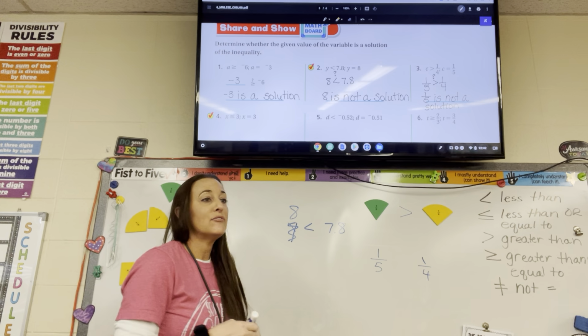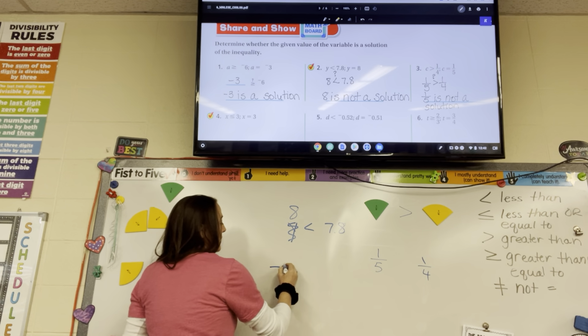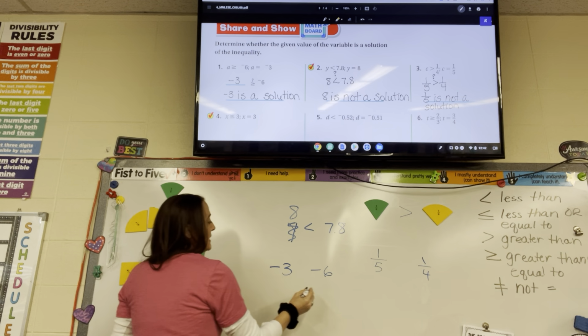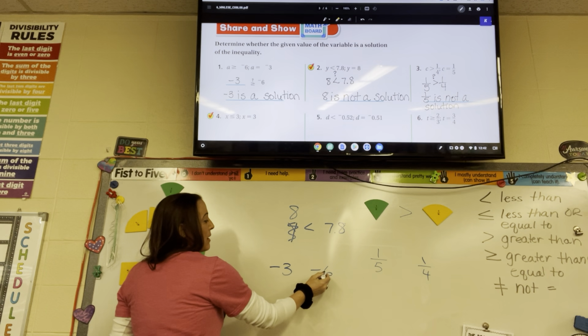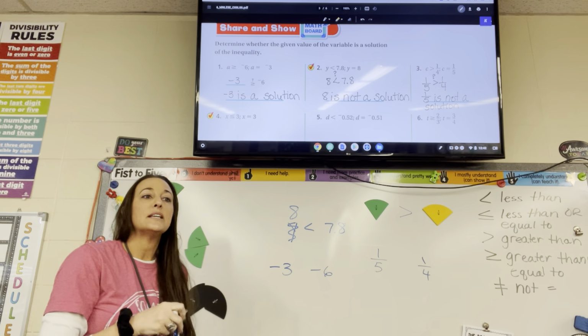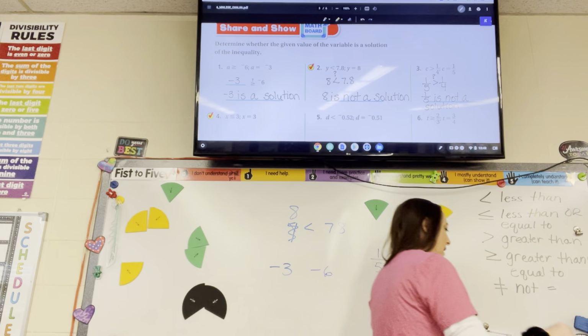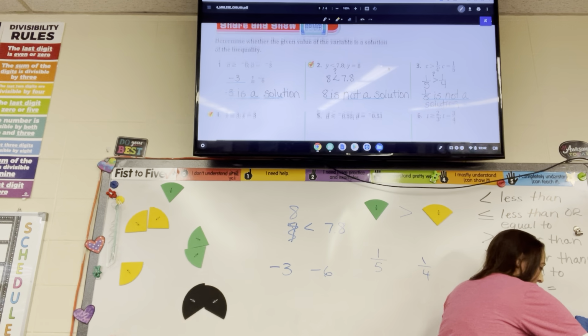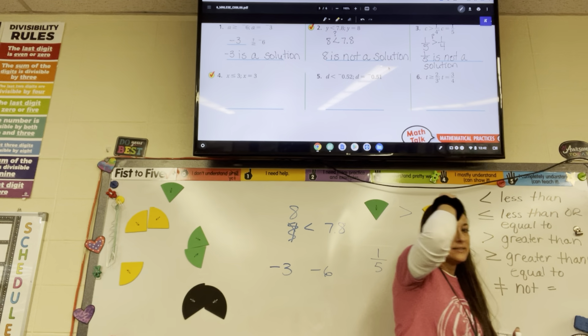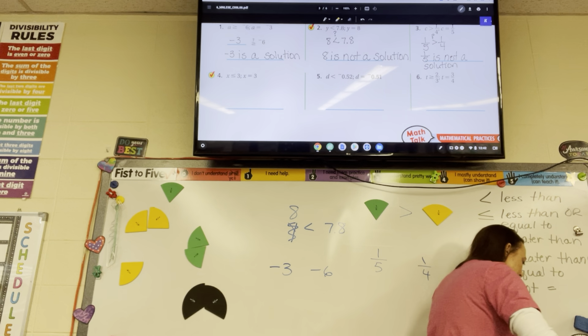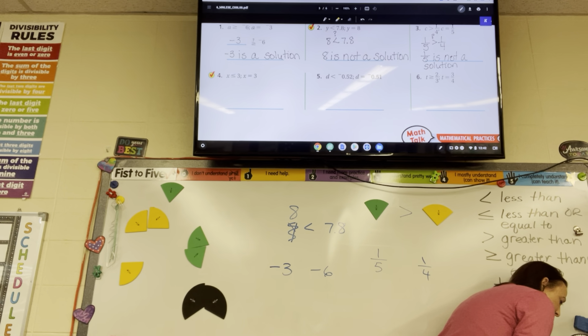It's just like negative numbers. If you're comparing -3 and -6, the bigger the number, the smaller it is. So negatives and fractions work that same way, kind of the opposite of whole numbers.